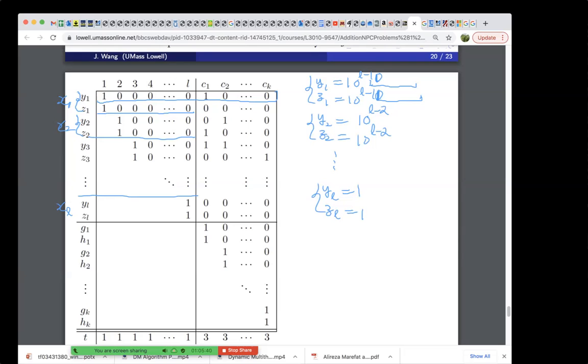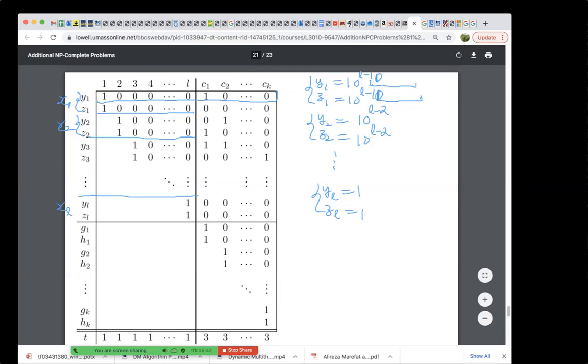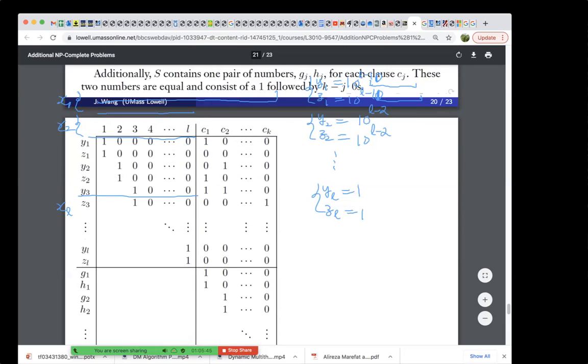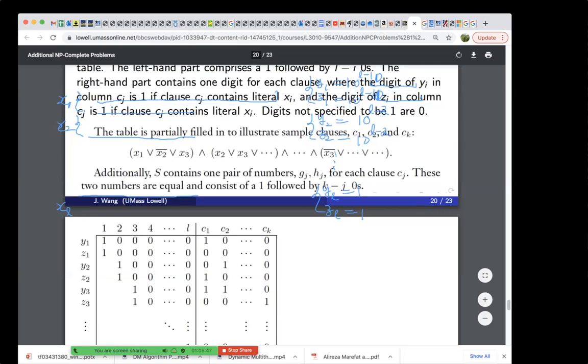Now let's go back and see what this example is. Okay, so this example is this. As I can see now, x1 is represented by y1 and z1. So this is x1.